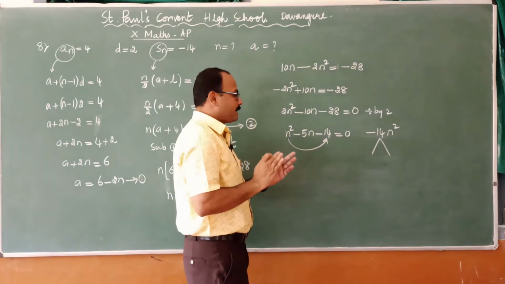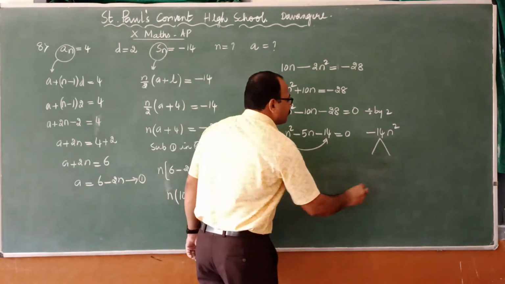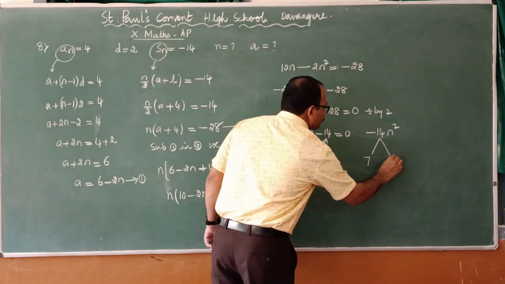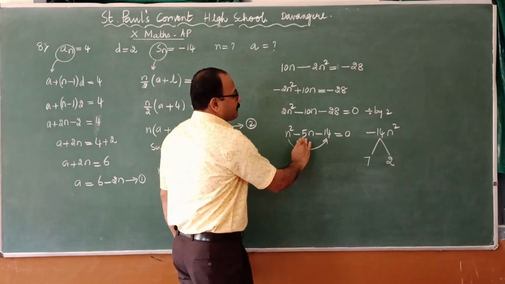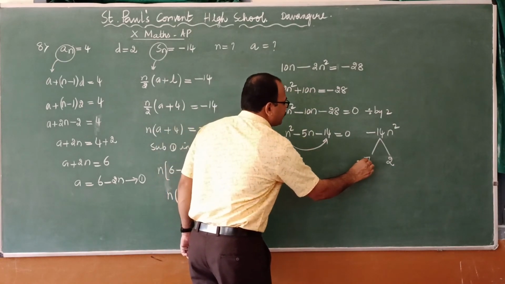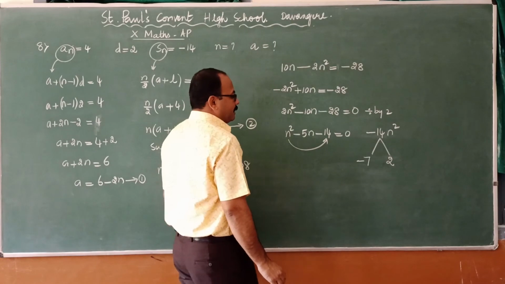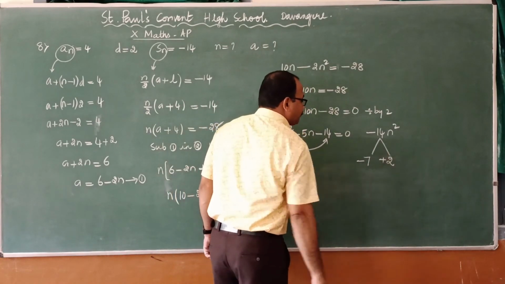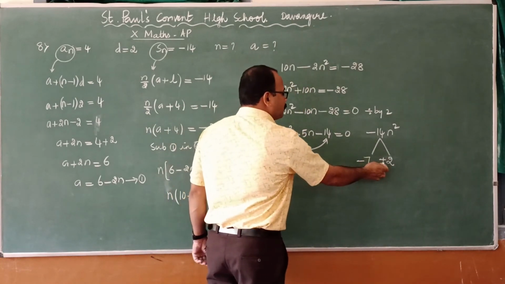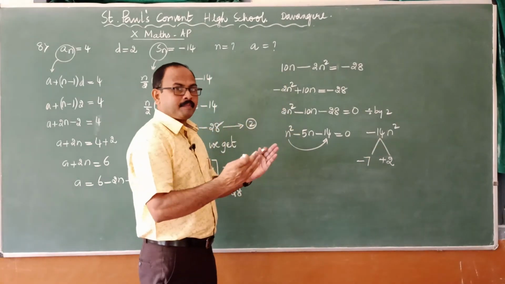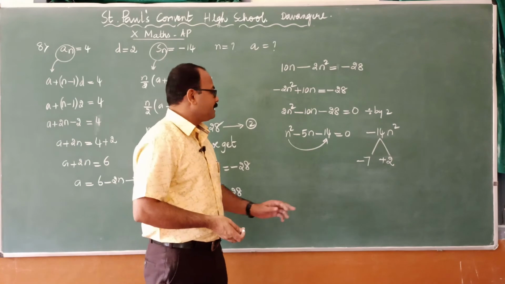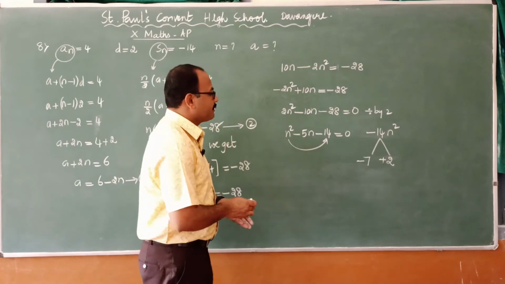If you add or subtract, you must get this 5. 7 twos are 14. The middle number's sign is to be given to the greater number. The bigger number will become plus, because, children, two different signs are there. On subtracting, the value becomes minus 5.